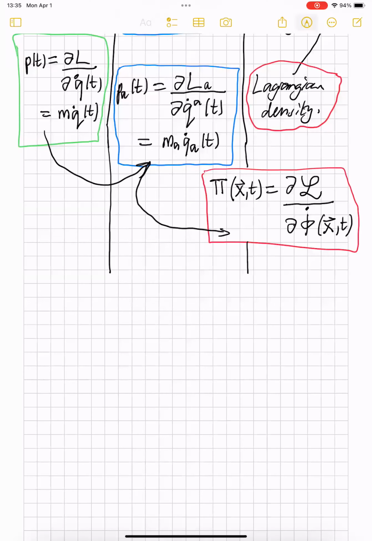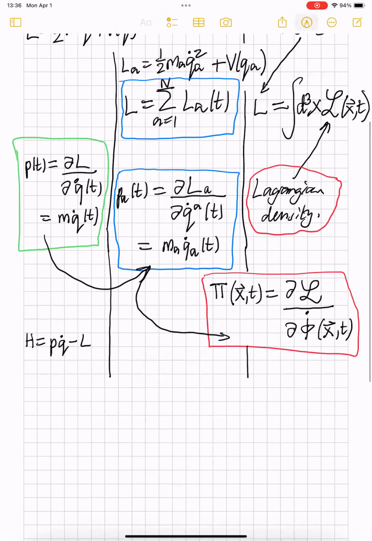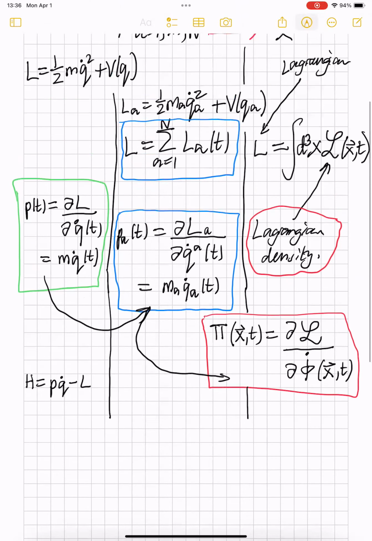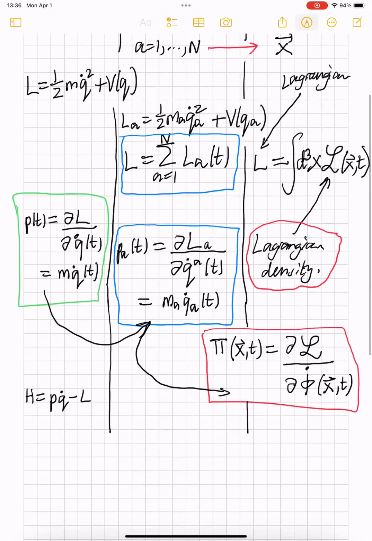Okay, now in mechanics, we used the conjugate momentum to define the Hamiltonian. For a single particle, the formula for the Hamiltonian was p q dot minus the Lagrangian L. You know what p is in terms of q dot, and you also know what the Lagrangian is, so you just simply plug this in.